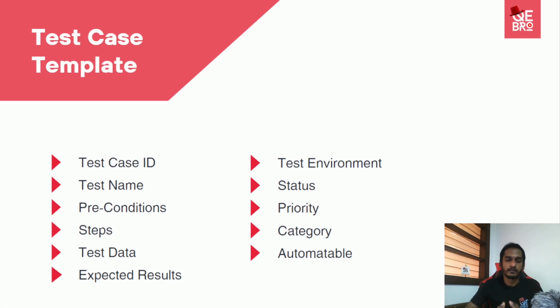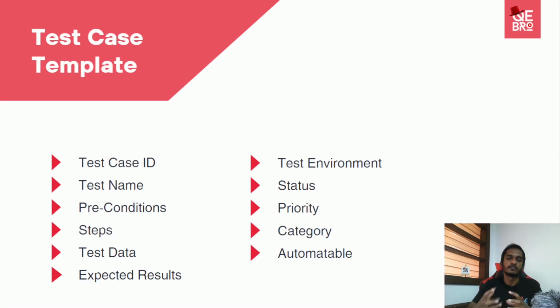Then the most important part is the title or the test name, because the title should be very clear and it should clearly give the idea about the whole test case. When you just read the title, you should understand the high level scenario, what this will check.